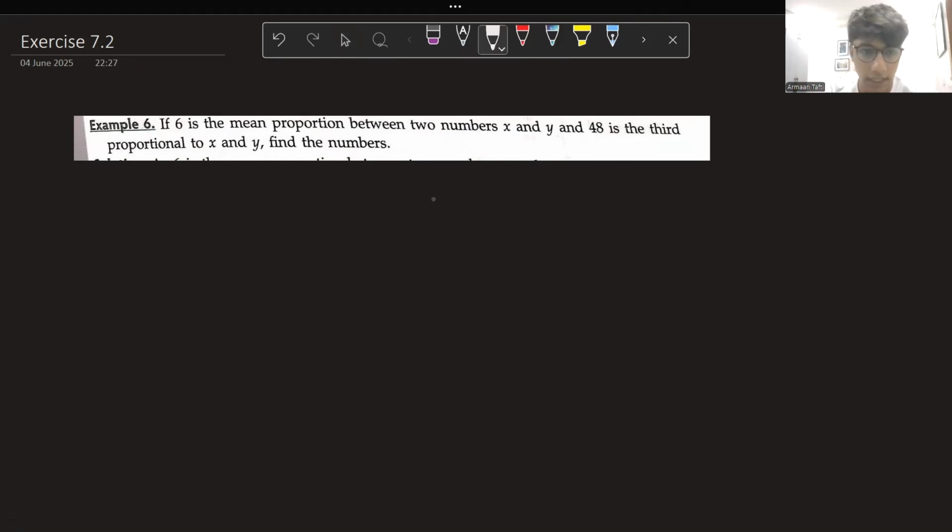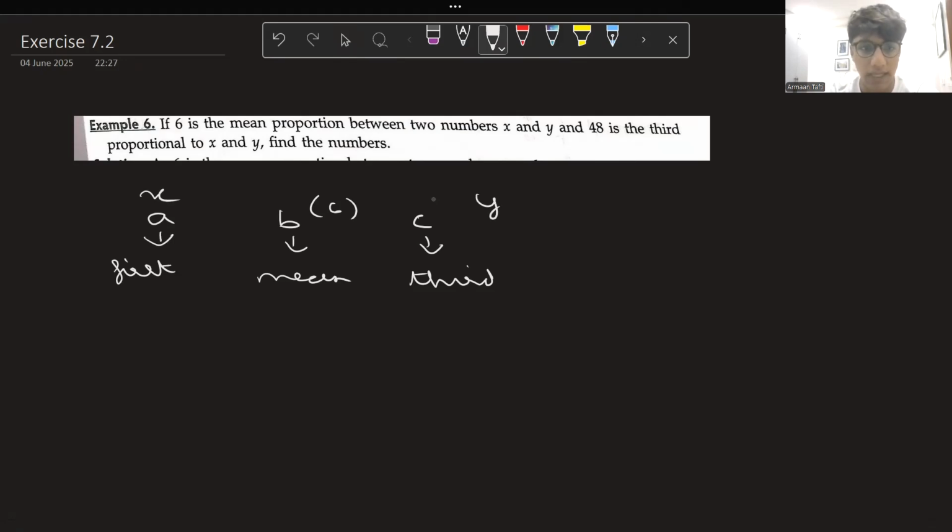So A was the first proportional, B is the mean one, and C is the third proportional. The mean proportional is 6 between two numbers x and y, so here they've called A x and C y, and 48 is a third proportional to x and y.